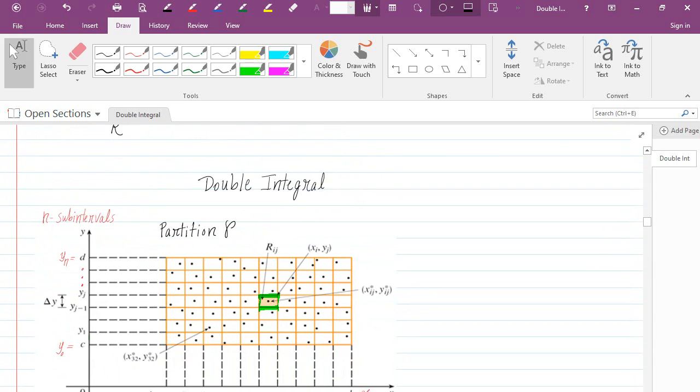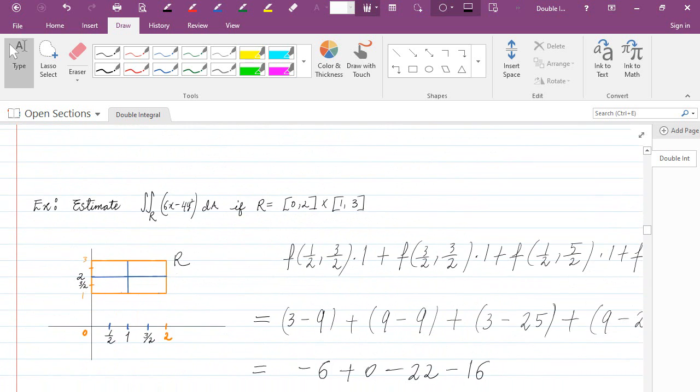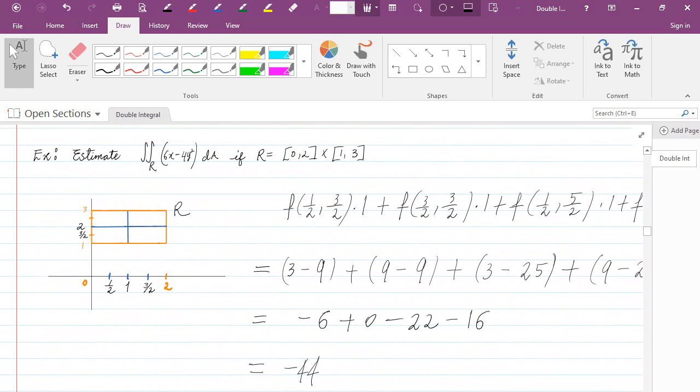So now let's say that we are looking at the double integral of the function 6x minus 4y squared over the rectangle R, where R is given by the interval from 0 to 2 along the x-axis and the interval from 1 to 3 along the y-axis.